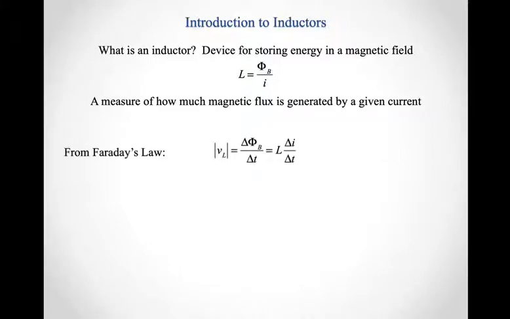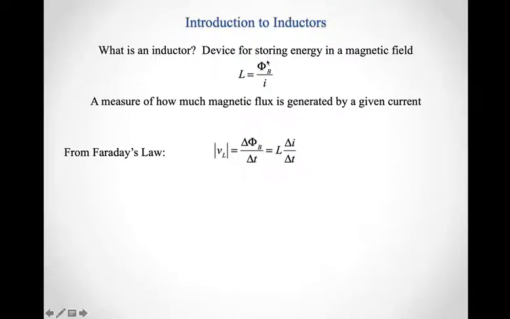So I know from Faraday's law, I can determine the induced EMF that I get by changing the magnetic flux through some loop, that's going to be equal to the change in the magnetic flux over time. So what I see is that in terms of thinking about the magnitude of the potential difference of my inductor, that's going to be given by delta phi over delta t.